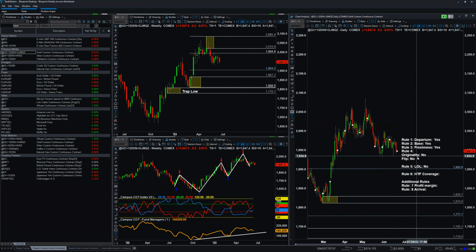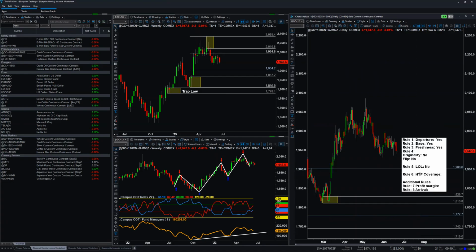We're not covered with the trap. Okay, higher time frame coverage: yes. No trap coverage, which is not that ideal. Ideally, I would have liked to have a level on top of level where the trap area would be covered.